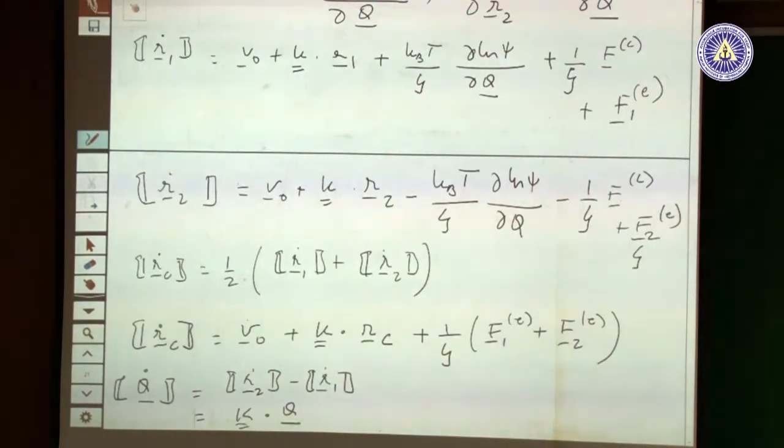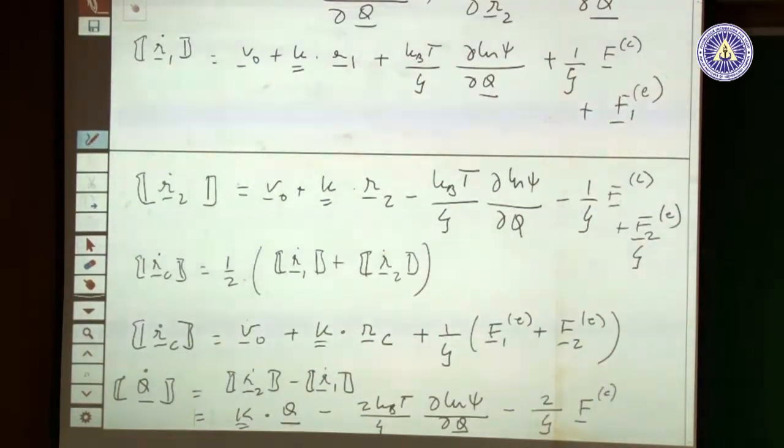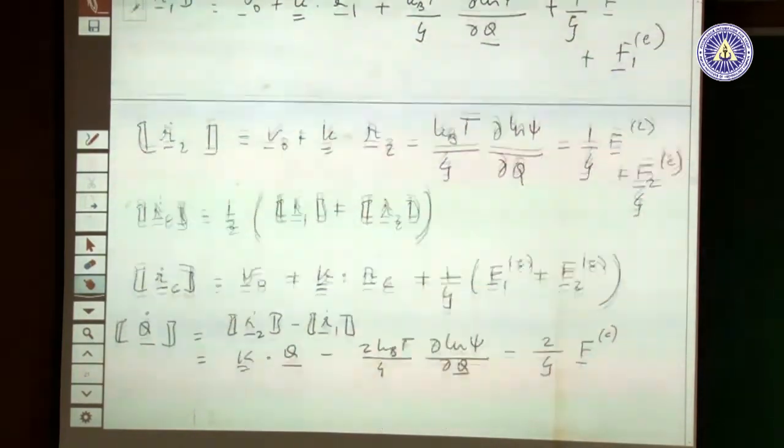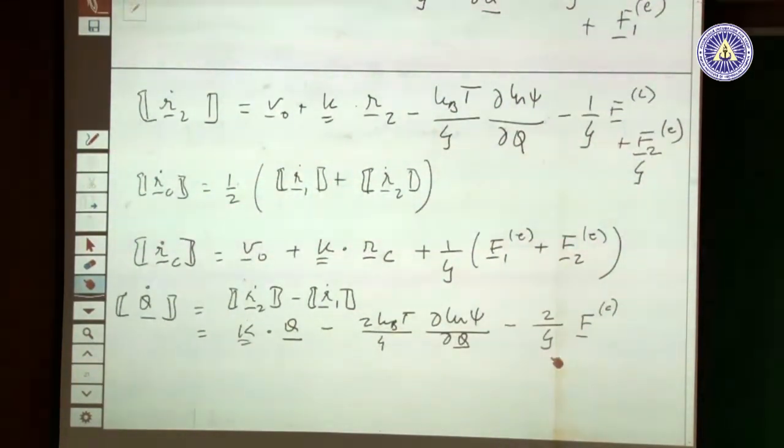And then if I take the difference of these, that will become a minus, so I will get minus 2 kBT over zeta del log psi over del q, and then that will become minus in R1 dot. So, I will get minus 2 over zeta Fc, and finally plus 1 over zeta F2e minus F1e.